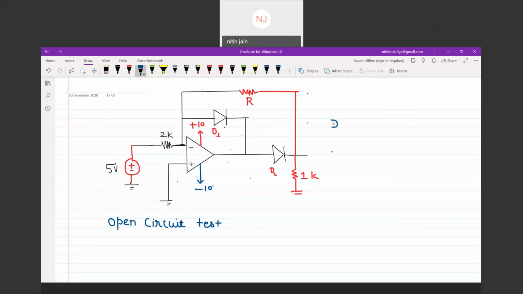D1 and D2 are ideal diodes and the op-amp is also ideal. So let's see how these two diodes will work.